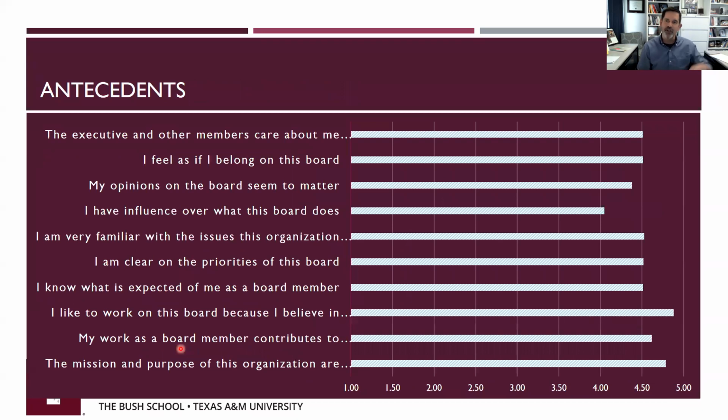And then these are the precursors. I worked my way from the right-hand side all the way back to the antecedents on that diagram, just to give you a sense of some of those measures.